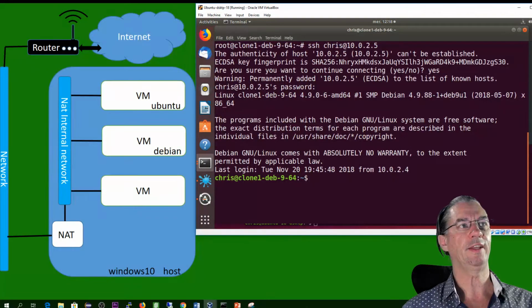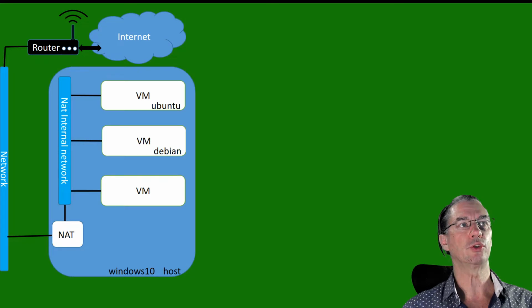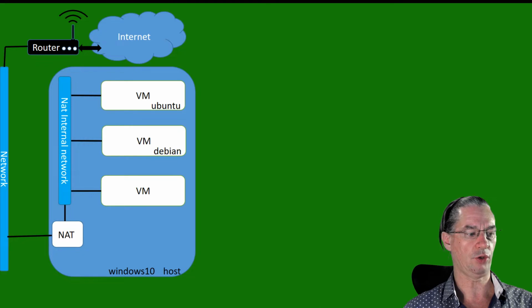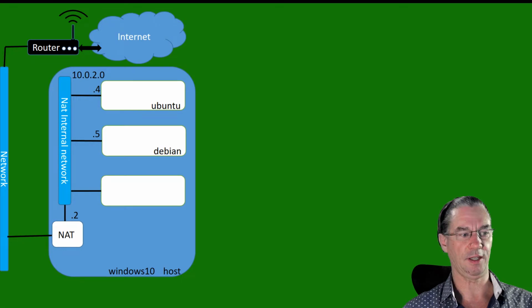Before going any further, I will now show you the IP addresses I'm going to use in that environment. I just have to make sure that it's the right thing that is displayed. Yes, it is.